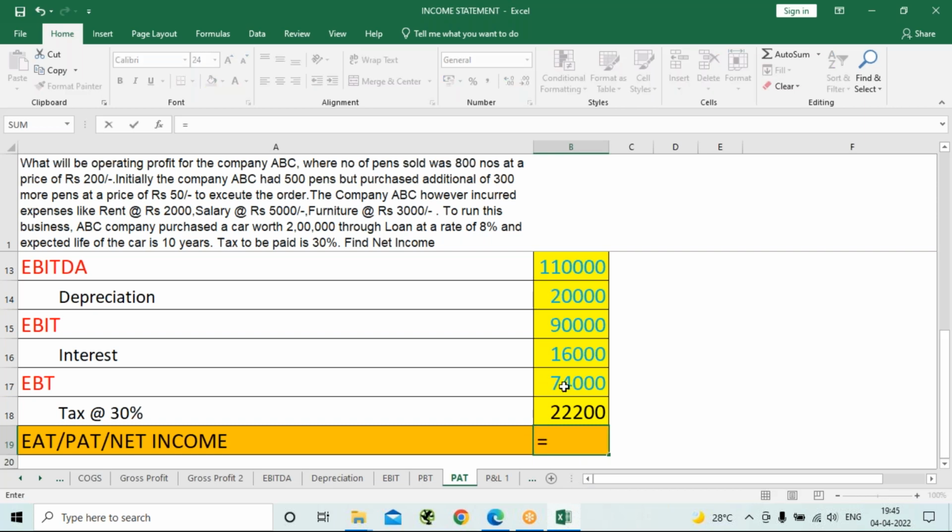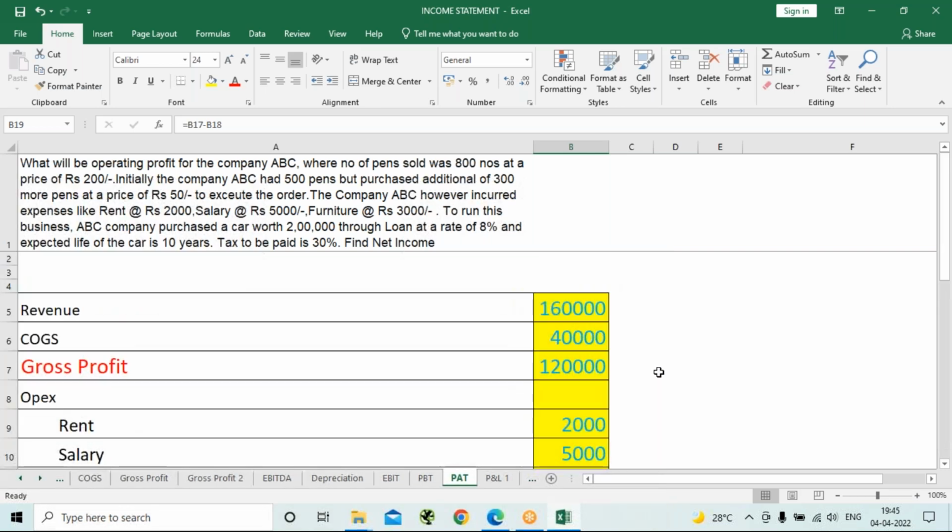So it will be equal to 74,000 minus 22,200. The value left is 51,800. So this is how you are going to calculate the income statement.